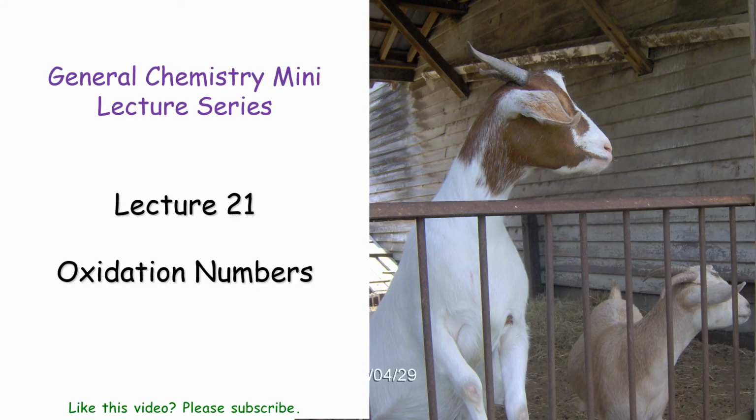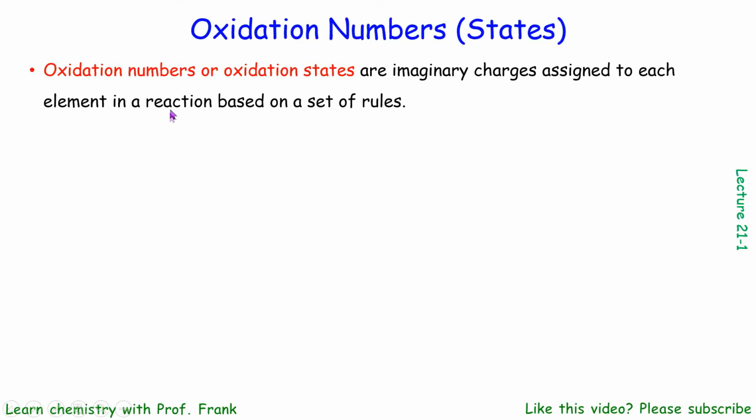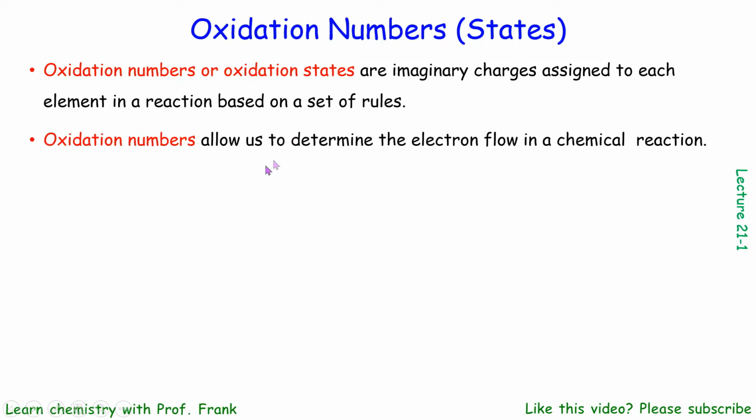Welcome back to General Chemistry Mini Lecture Series, Lecture 21, Oxidation Numbers or Oxidation States. Oxidation numbers are imaginary charges assigned to each element in a reaction based on a set of rules.